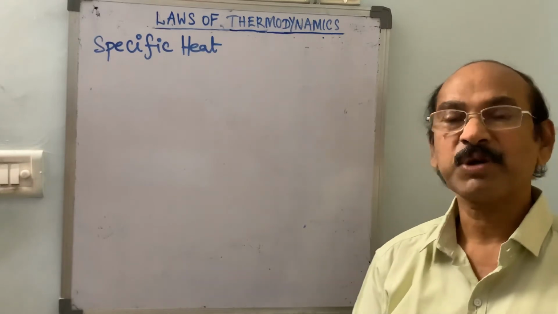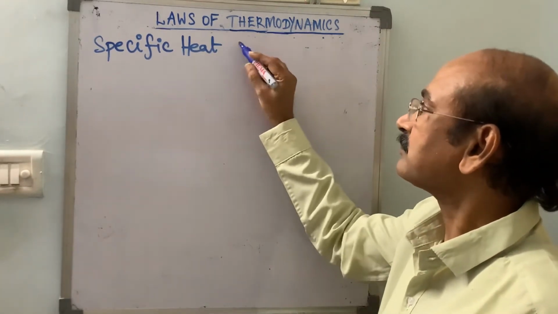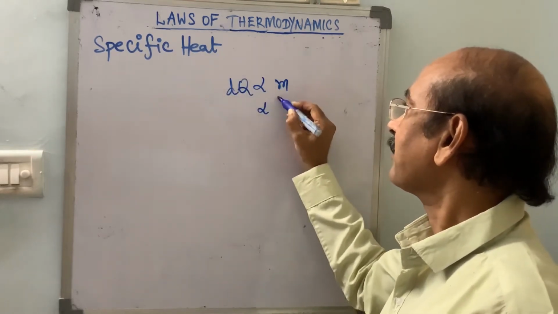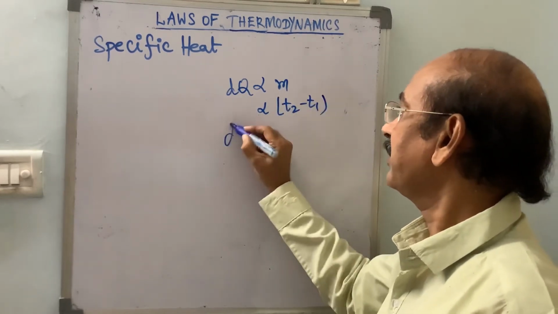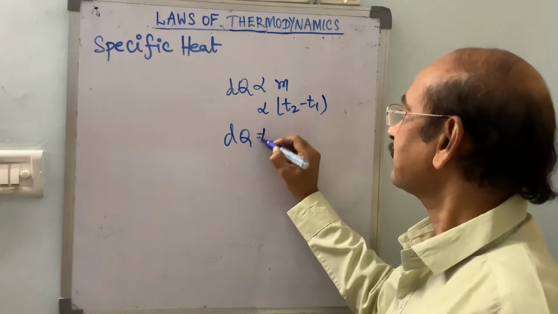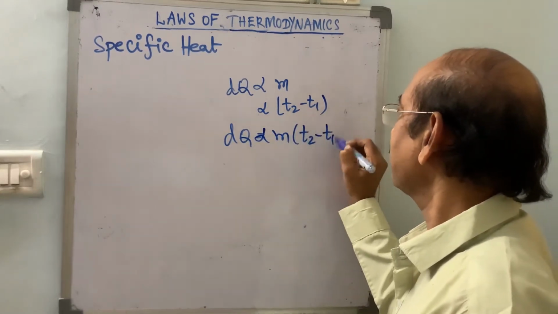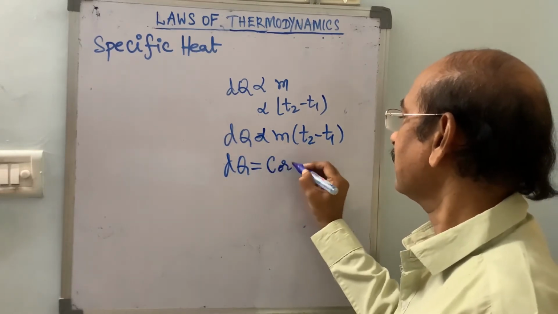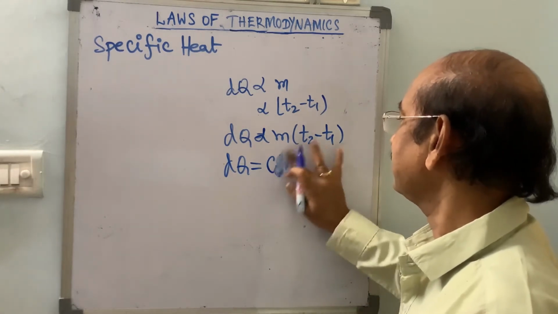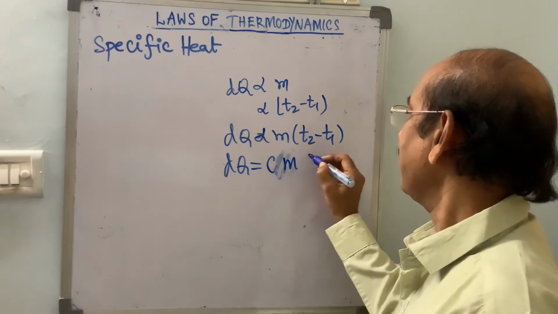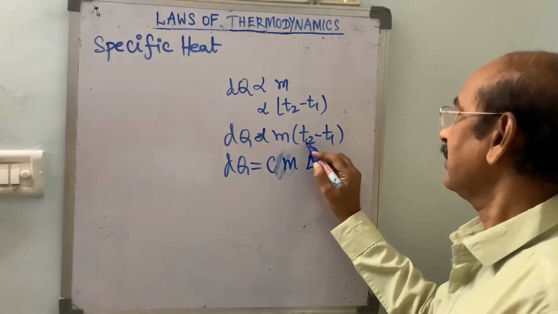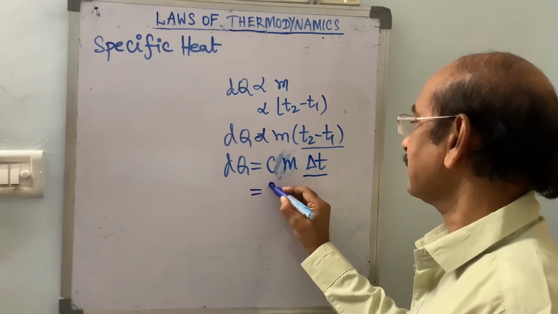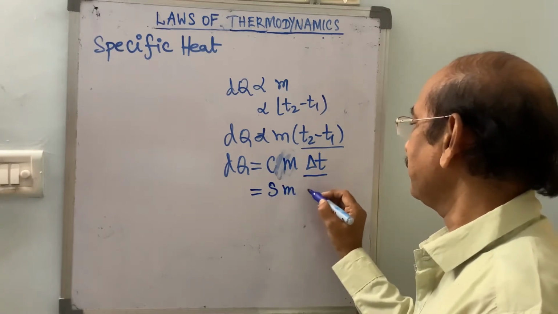Therefore, dq is proportional to m into T2 minus T1, or dq is equal to a proportionality constant C or S into m into delta T, where the temperature difference is delta T. Sometimes it may be written as S into m into dt also.